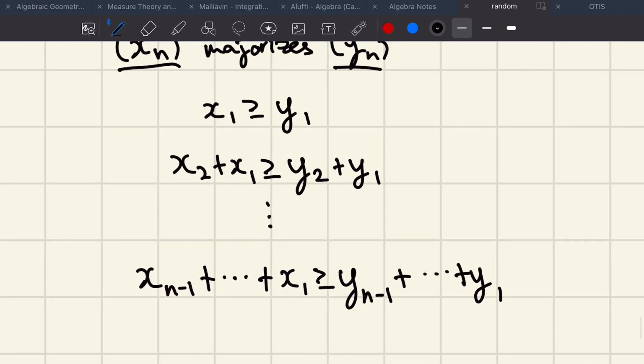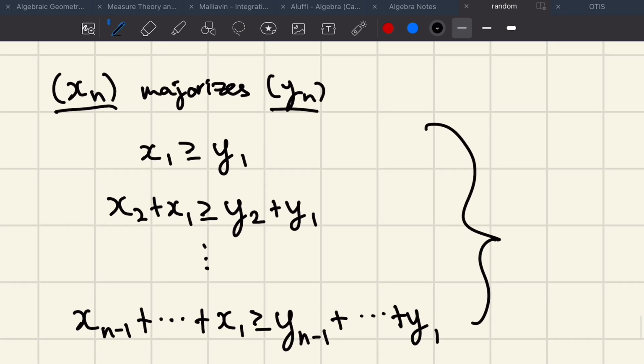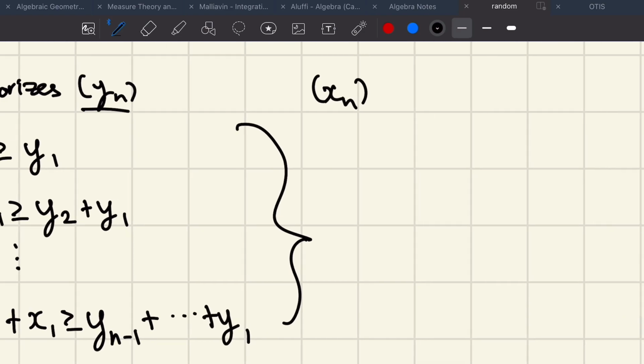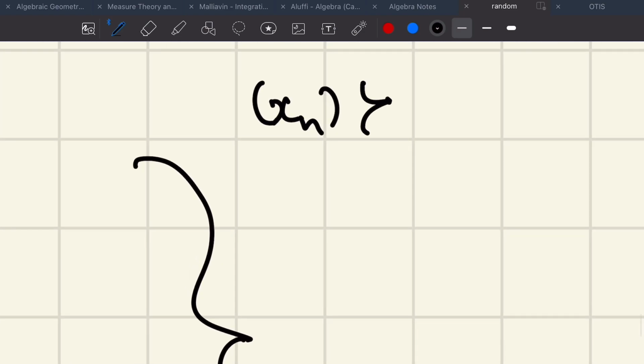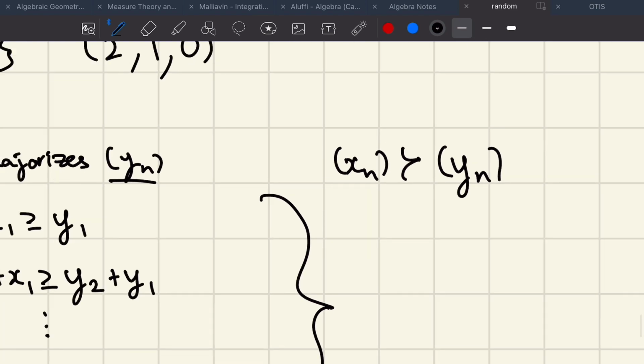So if this holds, then we say xn majorizes yn, and we write xn with this symbol, which means majorizes.